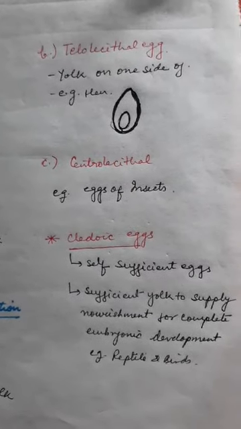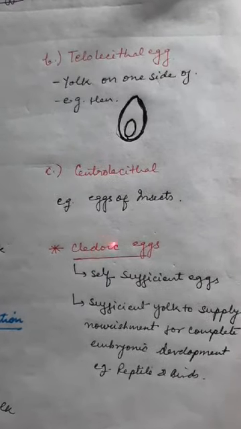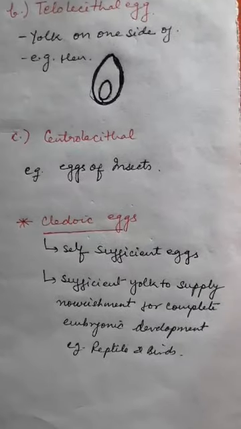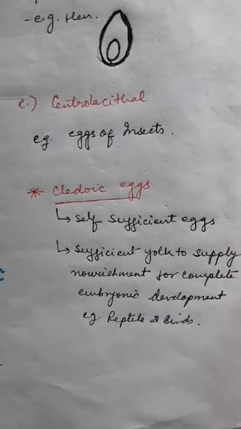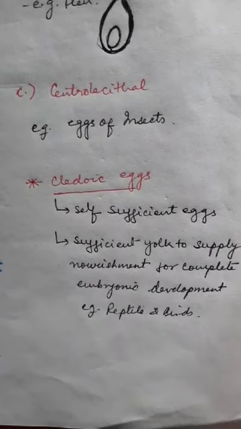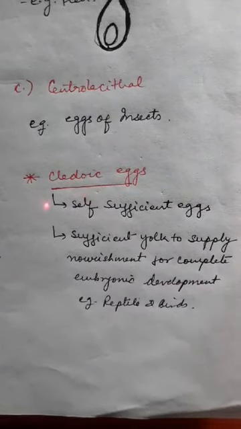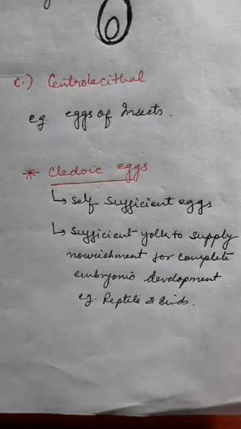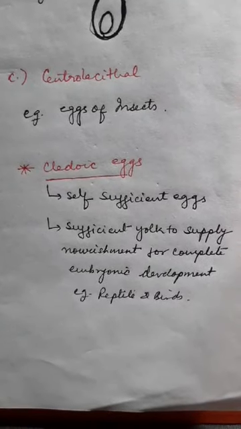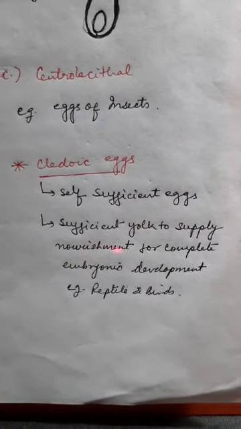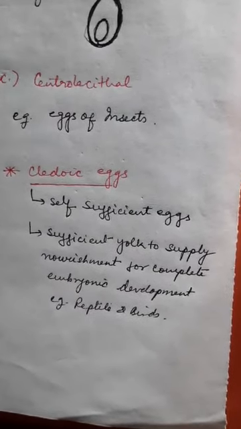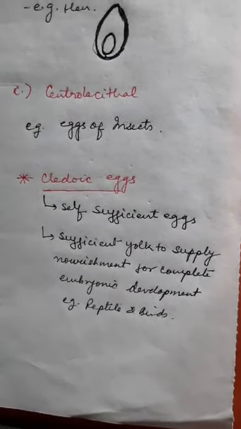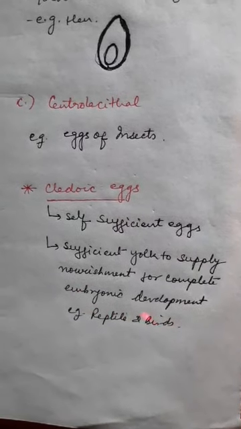Here we take one more term, that is cleidoic eggs. So basically it means self-sufficient eggs. Cleidoic eggs are self-sufficient eggs, and this means the egg has enough yolk content to supply nourishment for complete embryonic development, and such cleidoic eggs are found in reptiles and birds.